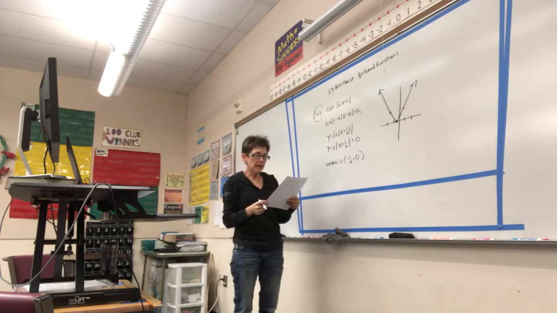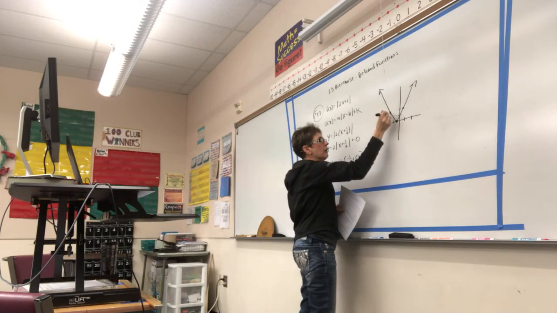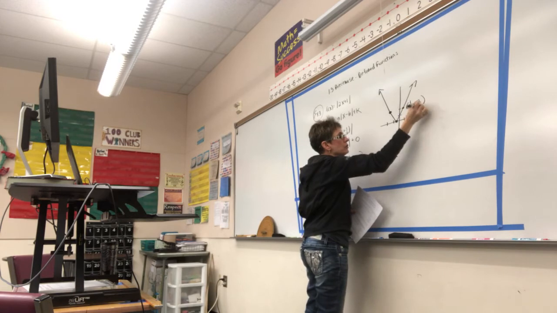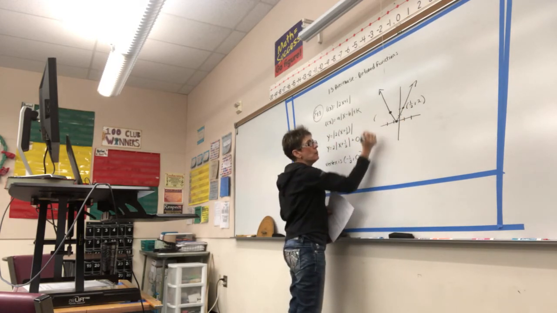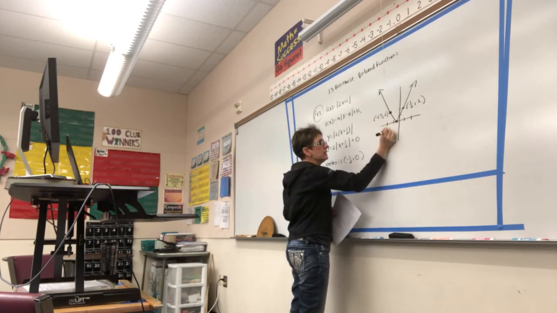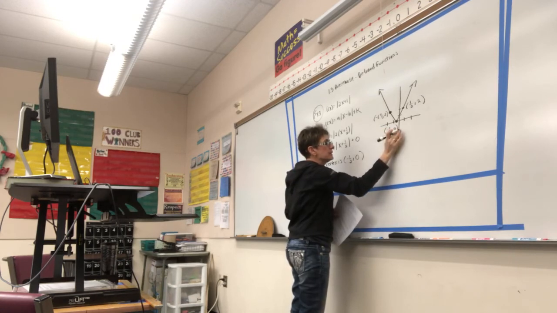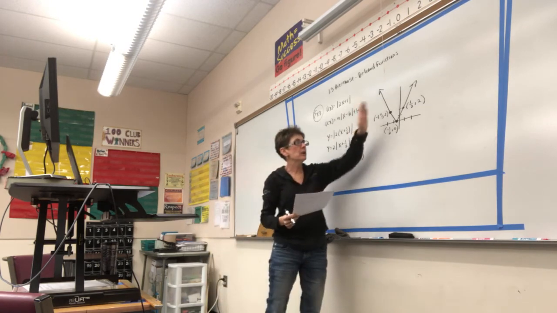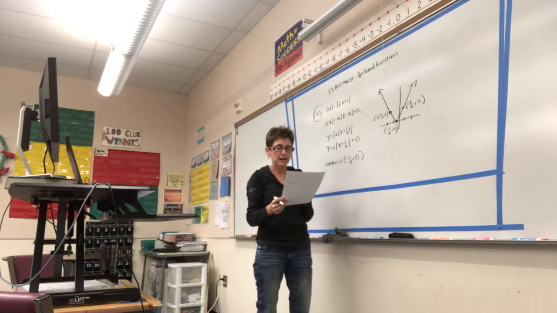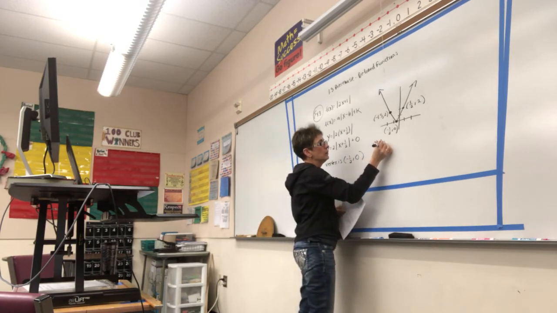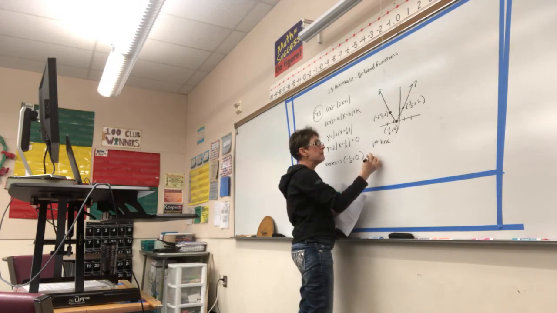Now, let's go ahead and figure out what these 2 points are. This point is the point 1/2, 2. This point is the point -1.5, 2. And this point, as we already know, is -1/2, 0. We're still trying to come up with the equations of both pieces of the graph. So the first line, again, to write an equation of a line, we need an m and a b.